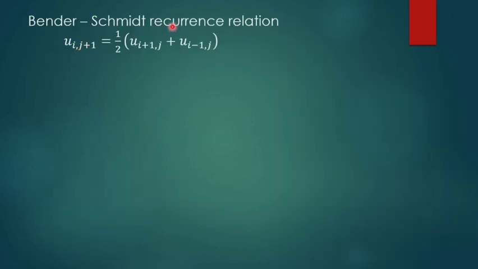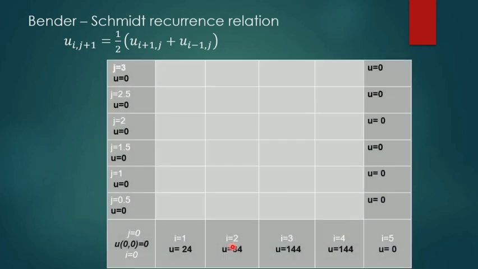So I have written the Bender-Schmidt recurrence relation: u(i, j+1) = 1/2 [u(i+1, j) + u(i-1, j)]. Now fill in the interior values.